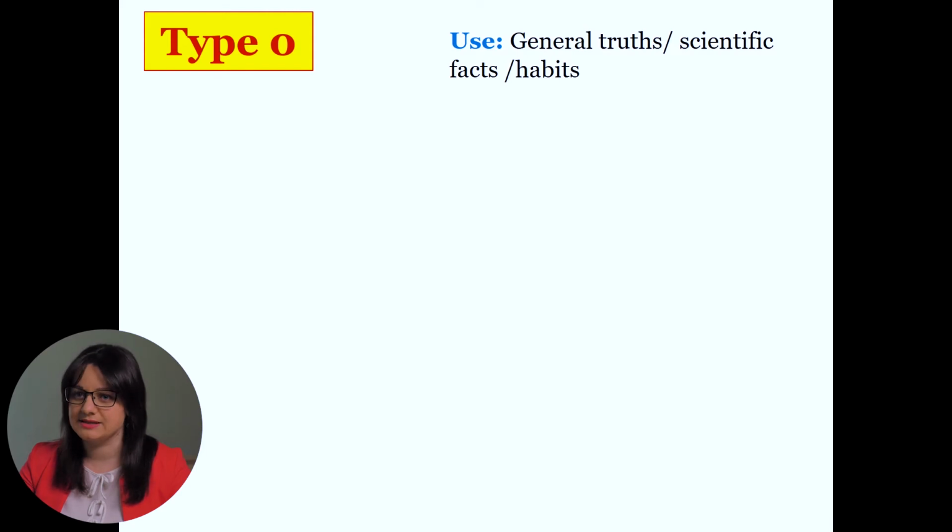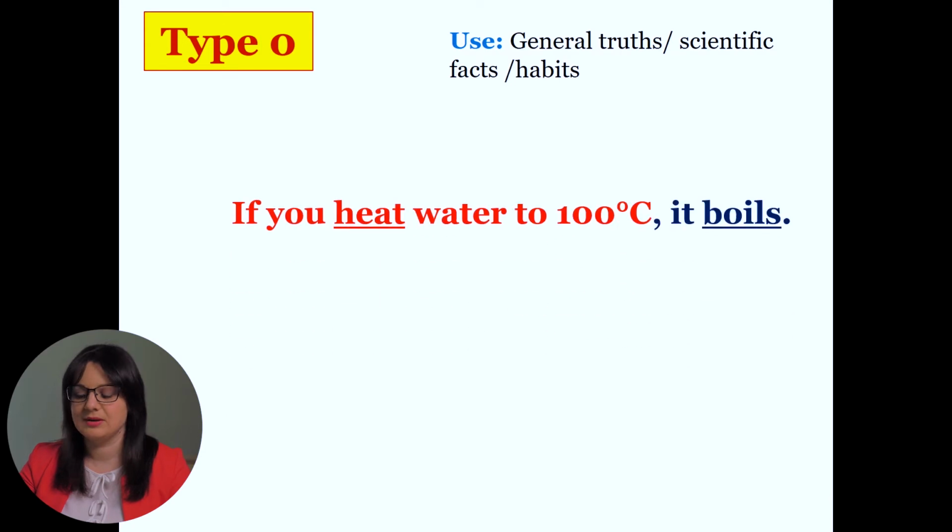Conditional sentences type 0 express general truths, scientific facts, and habits. Look at the example. If you heat water to 100 degrees centigrade, it boils. The first part, if you heat water to 100 degrees centigrade, is a true clause.